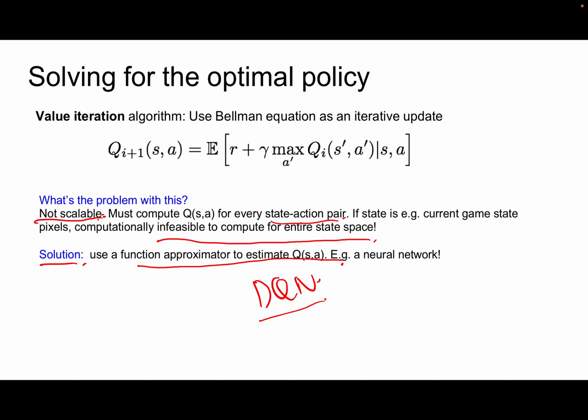That is the motivation of the deep Q network. To get the optimal policy in traditional RL, we need the Q value, but in many cases that is not computationally feasible. So alternatively, we introduce a network that takes S and A and outputs the Q value, which is called the deep Q network.